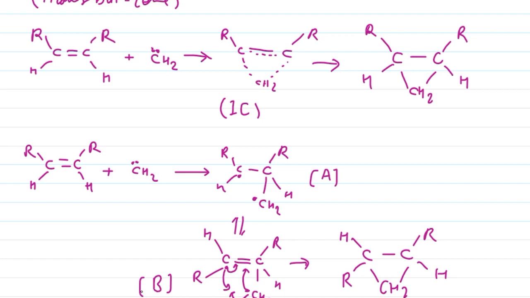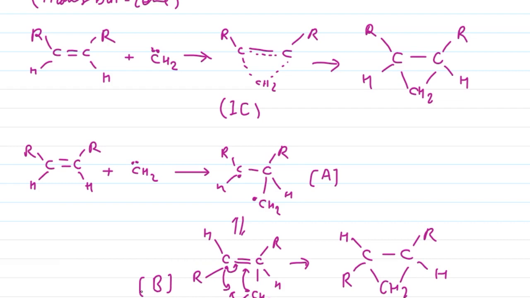The non-stereospecificity is said to be due to the rotation about the single bond, which is more rapid than spin inversion. This is our second stereospecific reaction named as addition of methylene.